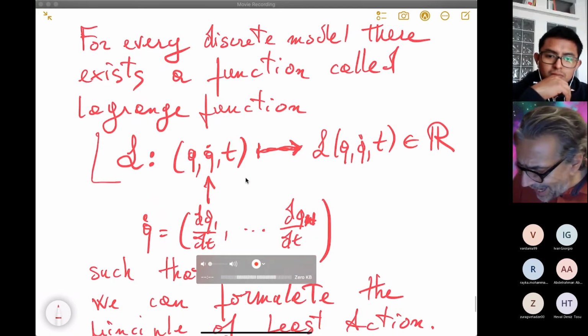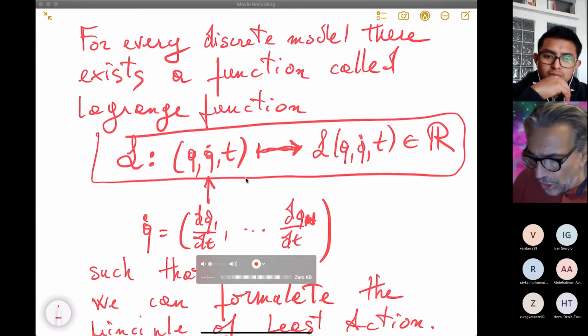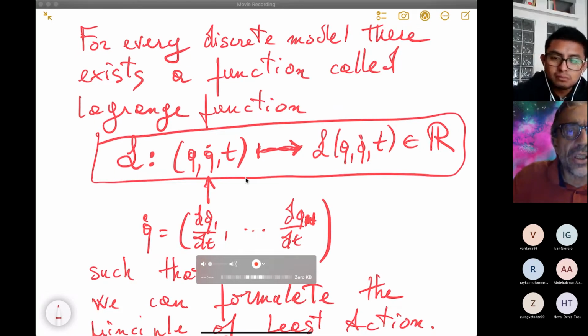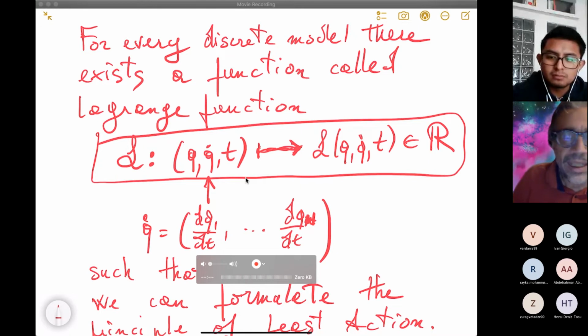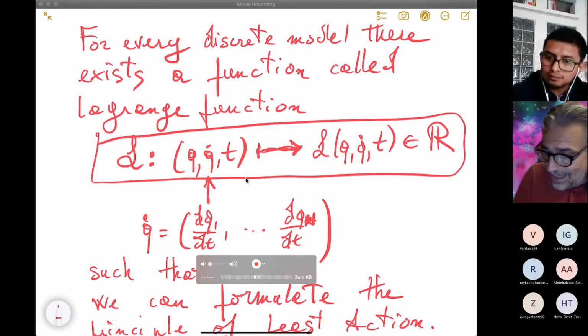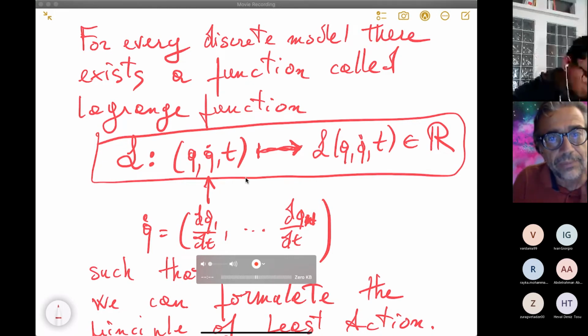Don't ask me how we discover L. There is no way of discovering it. You must invent it. It is a conjecture. This is a basic assumption of your theory.